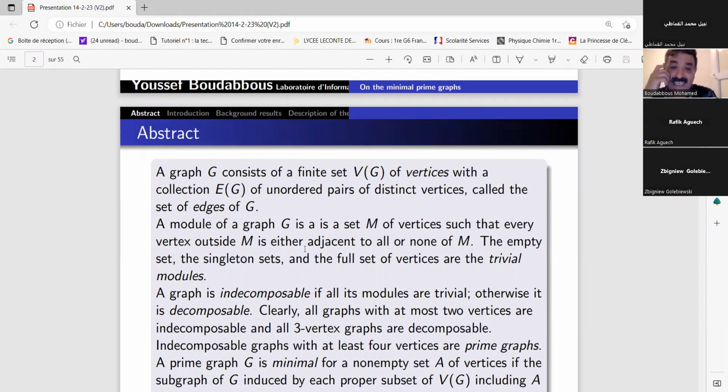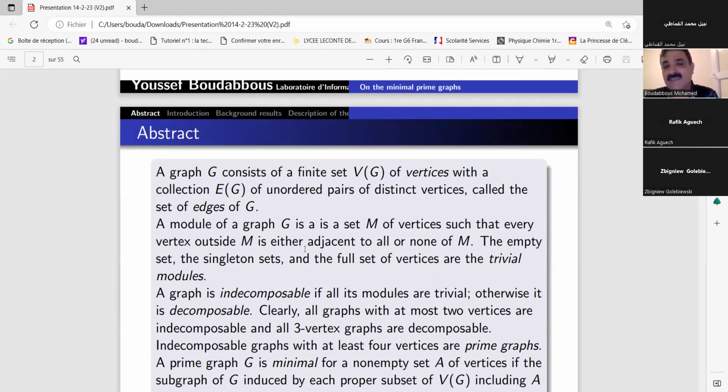On the other hand, any graph with 3 vertices has a 2-element vertex subset which is a non-trivial module, so any 3-vertex graph is decomposable.